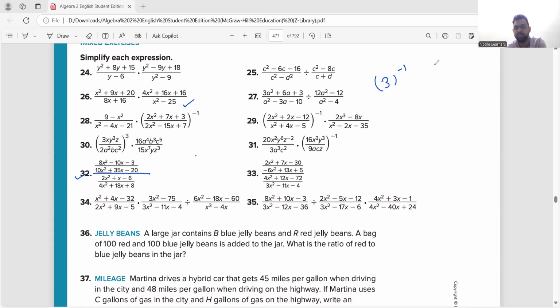Then how do you solve this? 1 divided by 3. So did you change the sign? No. Then what did you do? Flipped. Understand, right? We'll flip.